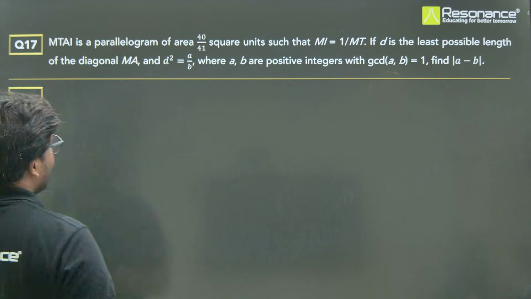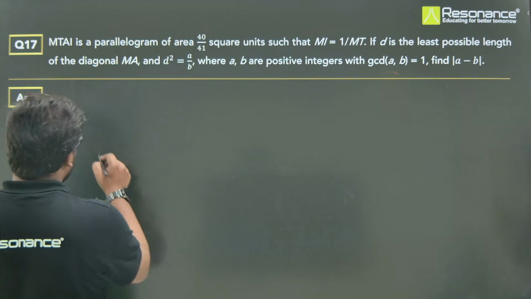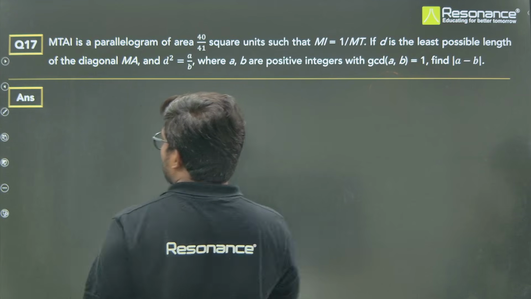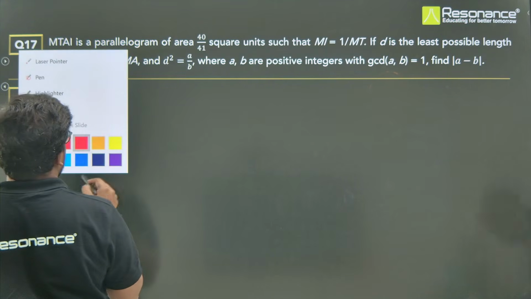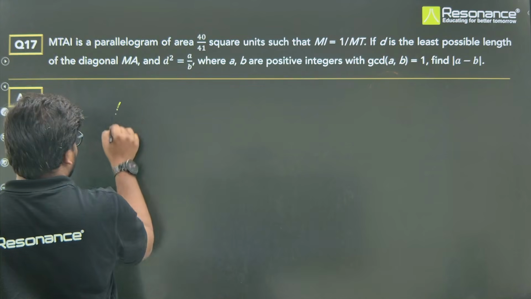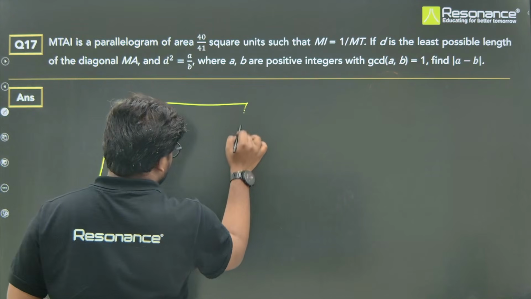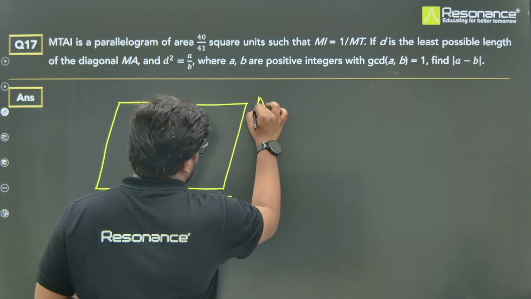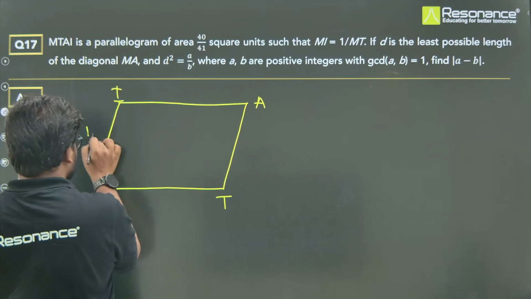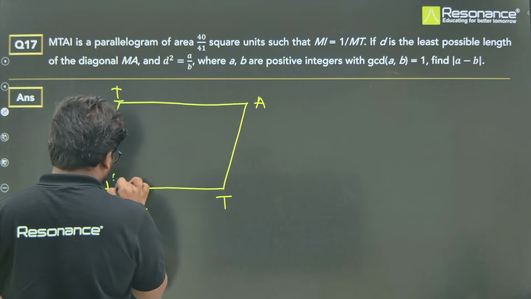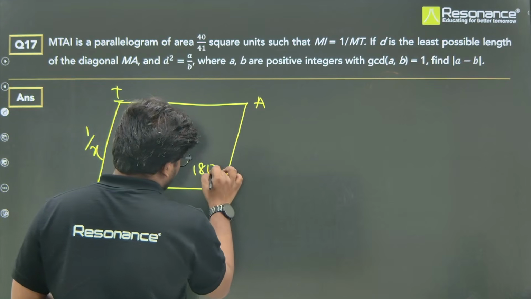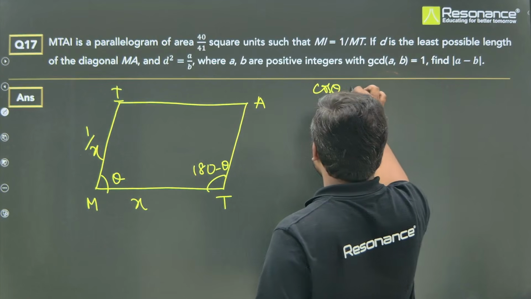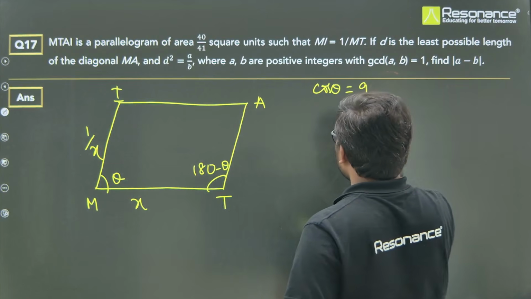Yeah, so what did we make the diagram? The diagram we made was this: M, T, A and I, and this was 1 by x, theta, 180 minus theta, and cos theta was 9 by 41.